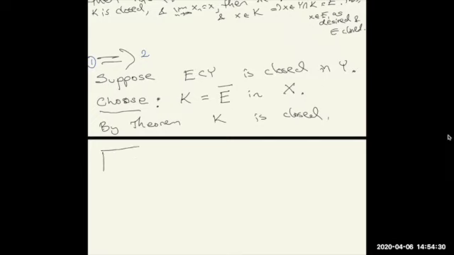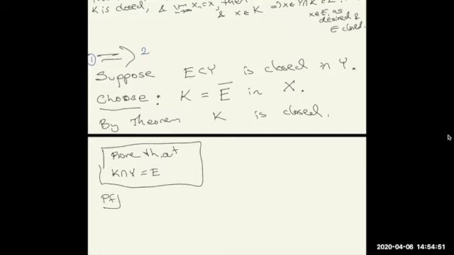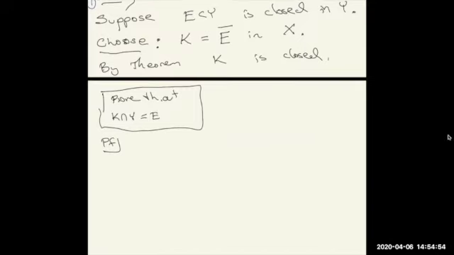So let's again make one of these boxes to tell the reader, or a subtitle, what we're wanting to do. Prove that K intersect Y is equal to E. Okay. Proof of this.